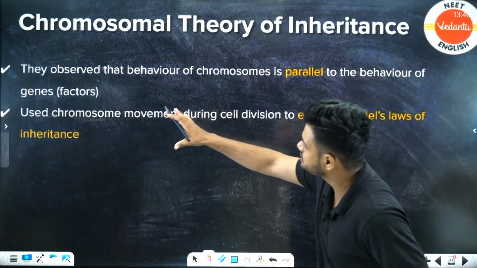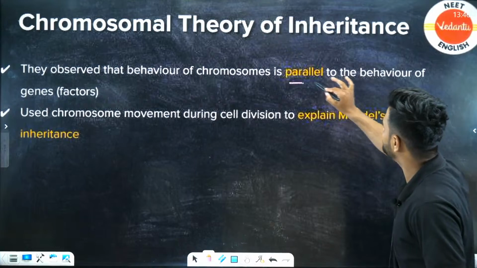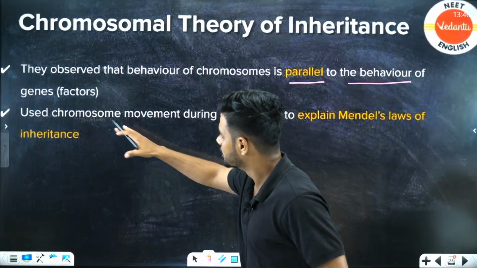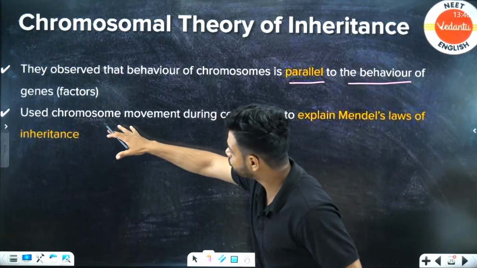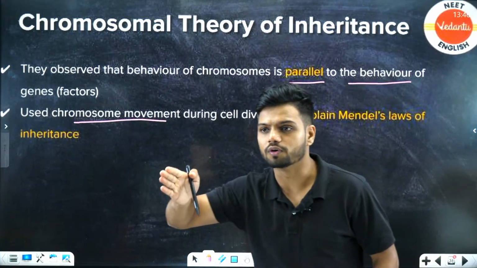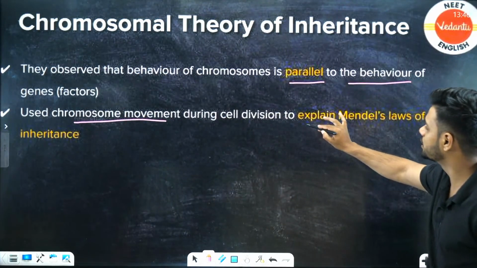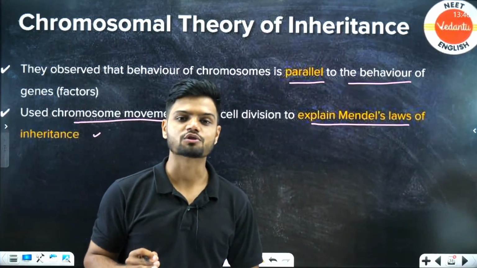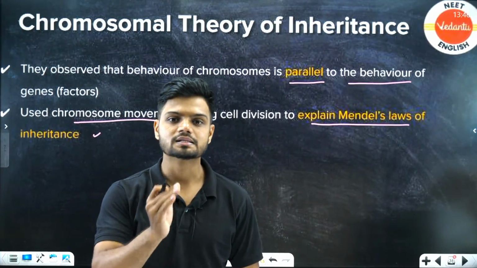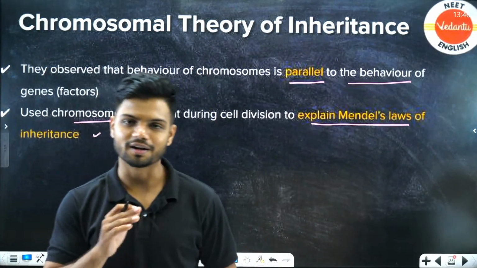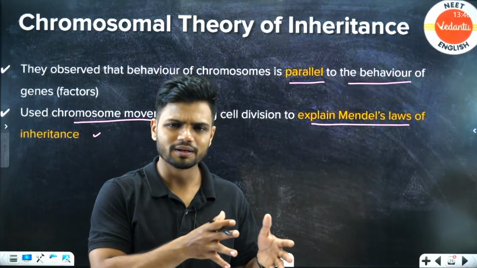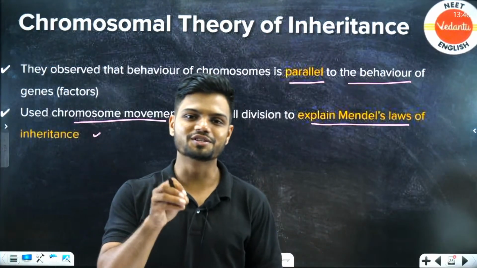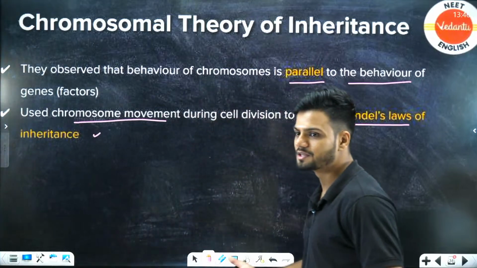They observed that the behavior of a chromosome is parallel to the behavior of a gene, and used chromosome movement during cell division to explain Mendel's laws of inheritance. Understood? Chromosome movement and gene behavior are same to same, because the gene is present on the chromosome.